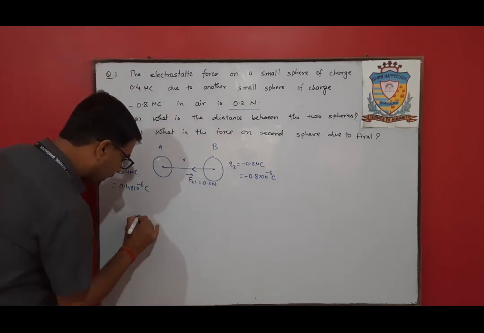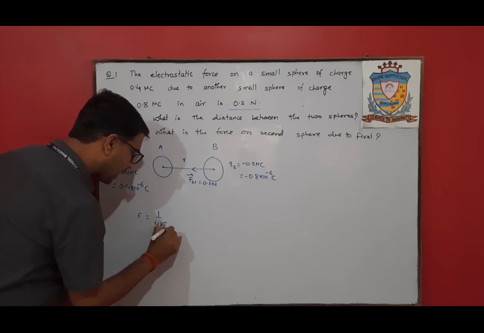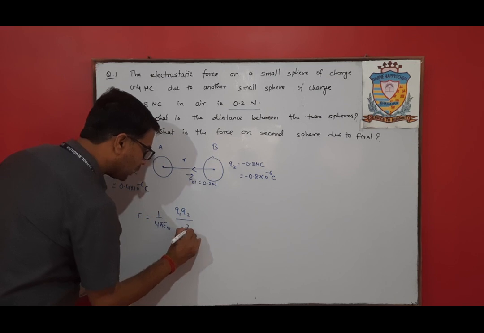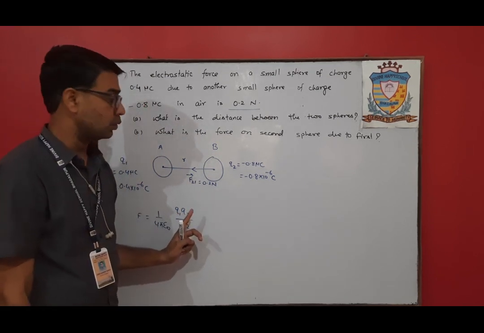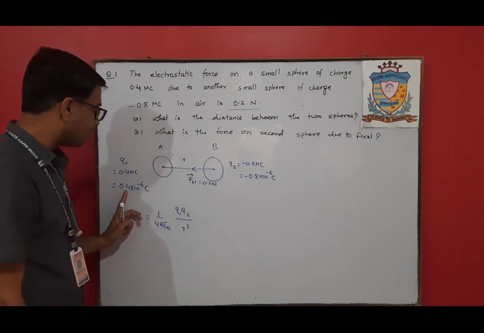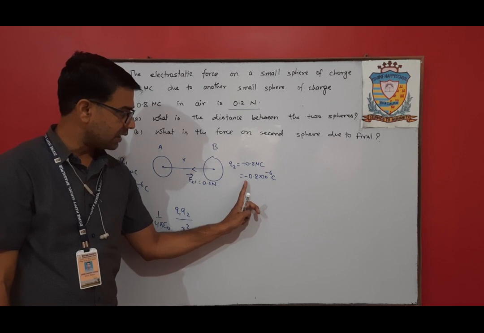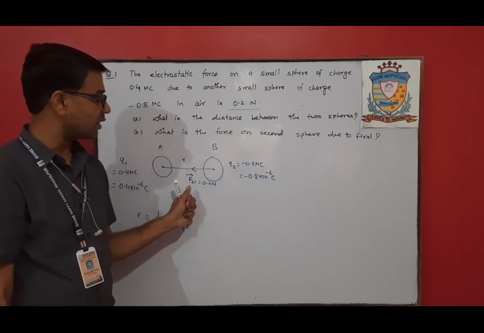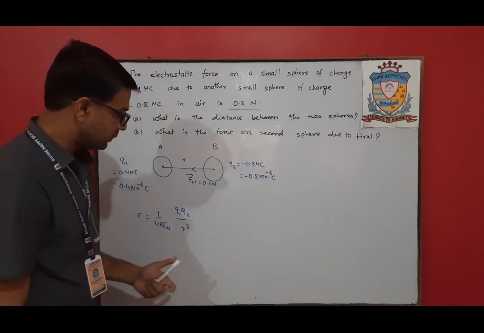As we know, F is equal to 1 upon 4 pi epsilon naught Q1 Q2 upon r square. Here we will take the magnitude of Q1 and Q2, so only 0.4 into 10 to the power minus 6 and 0.8 into 10 to the power minus 6. The negative sign only tells us the direction of the force, either attractive or repulsive.